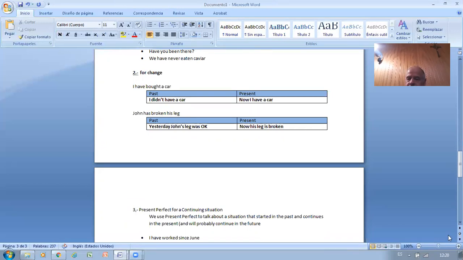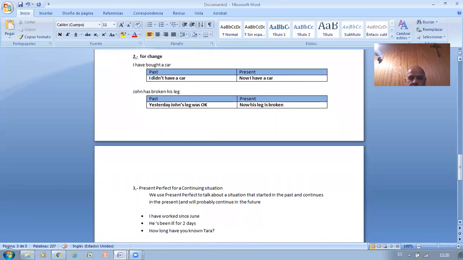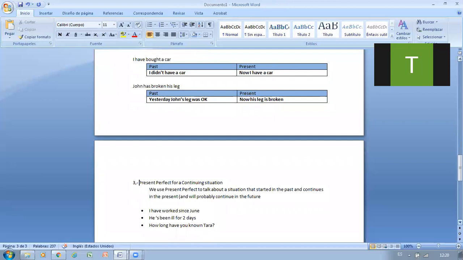Tiare, read that. We use present perfect to talk about a situation that started in the past and continues in the present and will probably continue in the future. Okay, see? So this started in the past, but is now happening still.